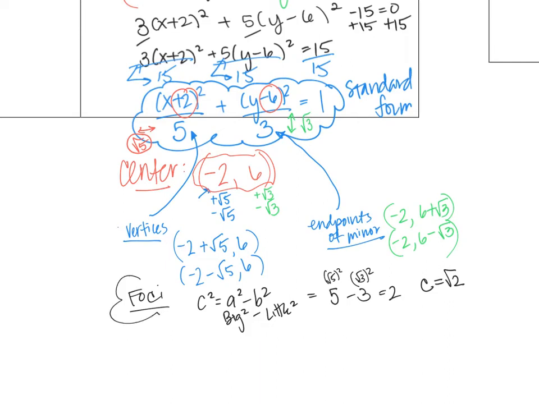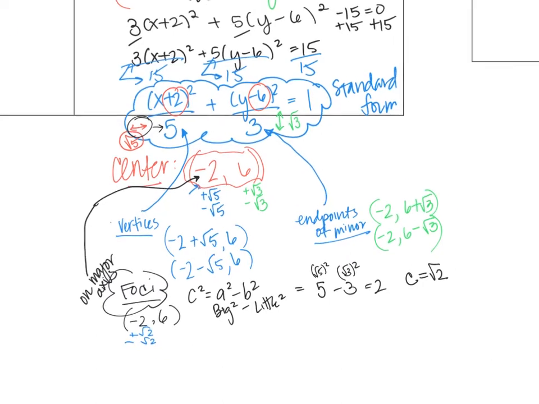And the foci are always on the major axis, and so I'm going to look at them affecting my x's, since that was my major axis, since it was bigger. 5 is bigger. So they're going to take that center, negative 2, 6, and add radical 2 and minus radical 2.